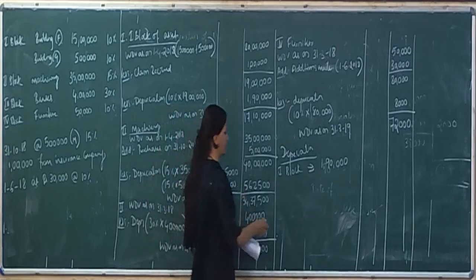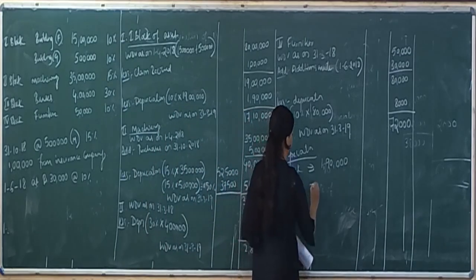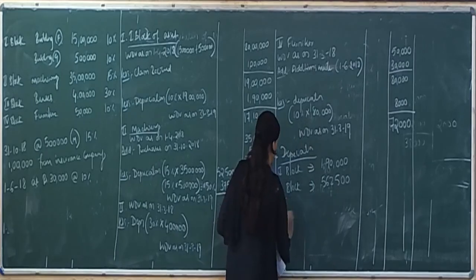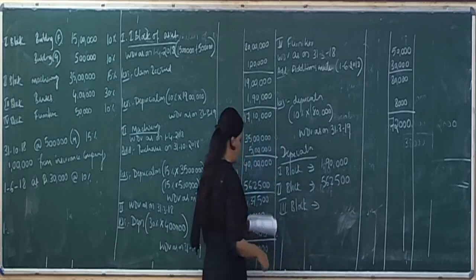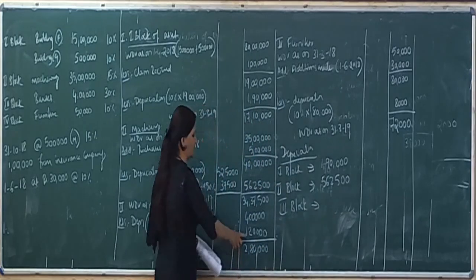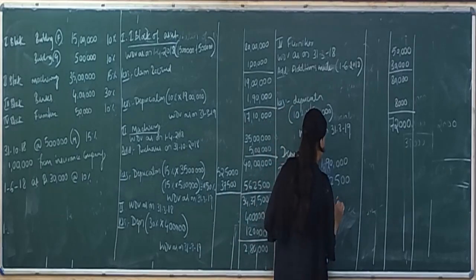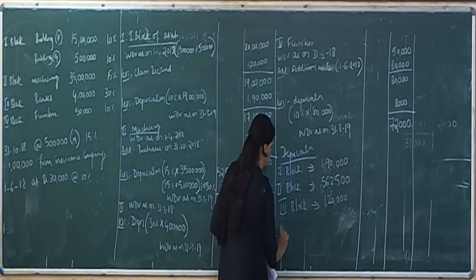Second block, we have 5,62,500. Then we have third block for rupees 1,20,000 as depreciation.